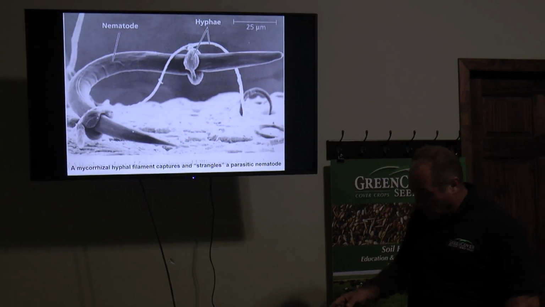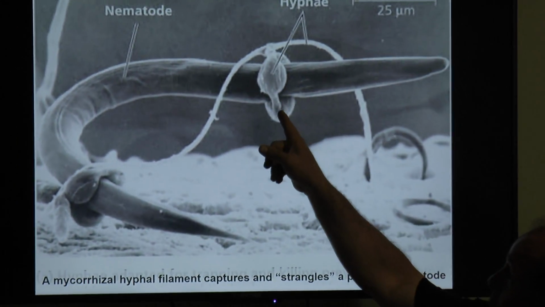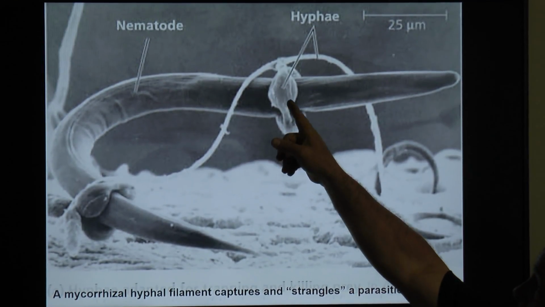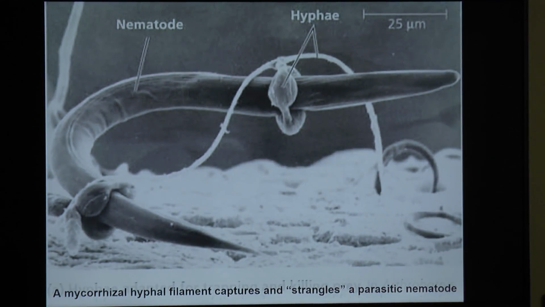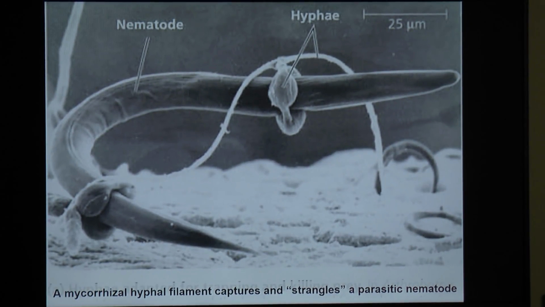There are even some mycorrhizal organisms, like this one, that has these little ring-like structures, and these exude a pheromone that I guess you would say is like an Axe body wash for nematodes.